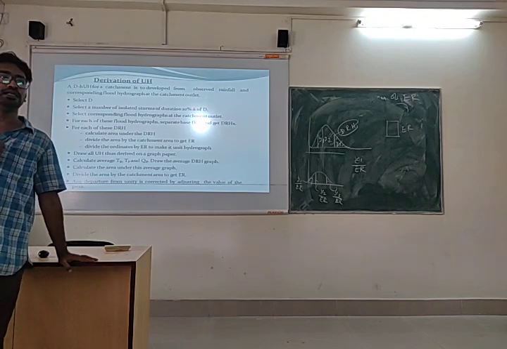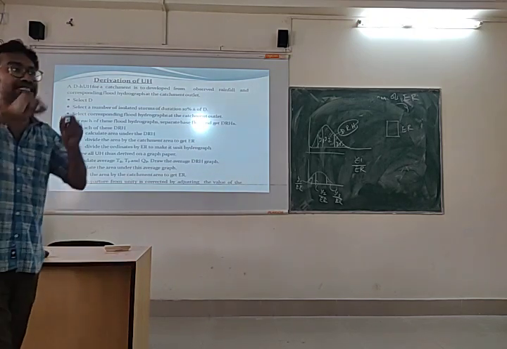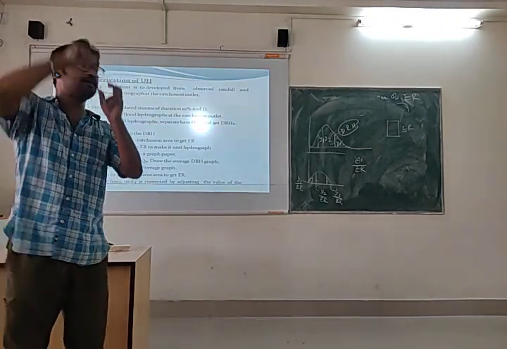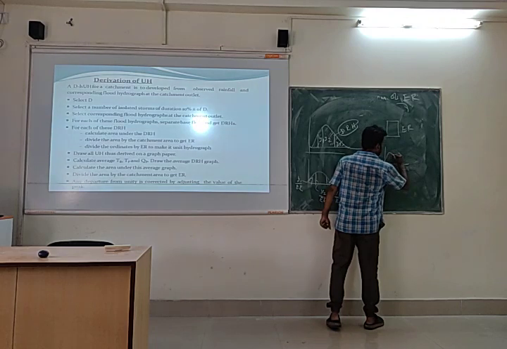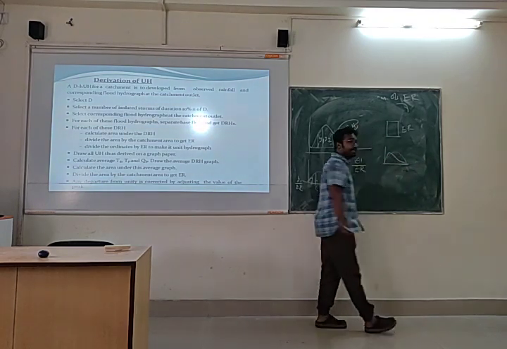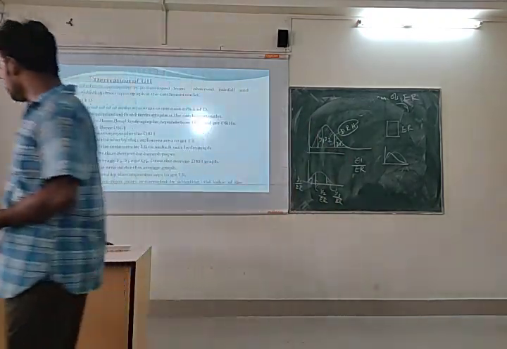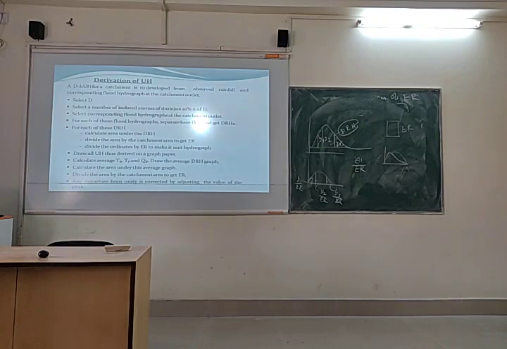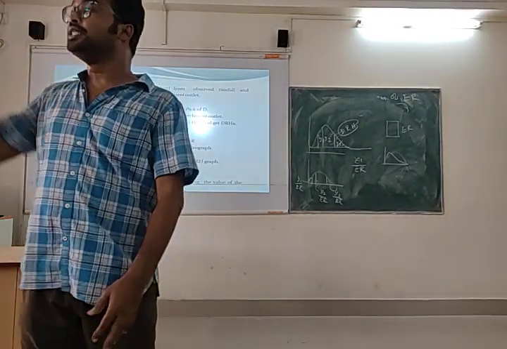Sometimes it will be higher, sometimes lower. So obviously the ordinates will not be equal. You will get some ordinate for the first one, suppose this one, and for the second one, suppose this one. Right? So the ordinate may vary with respect to time. That is why for each and every precipitation we will get a different unit hydrograph.